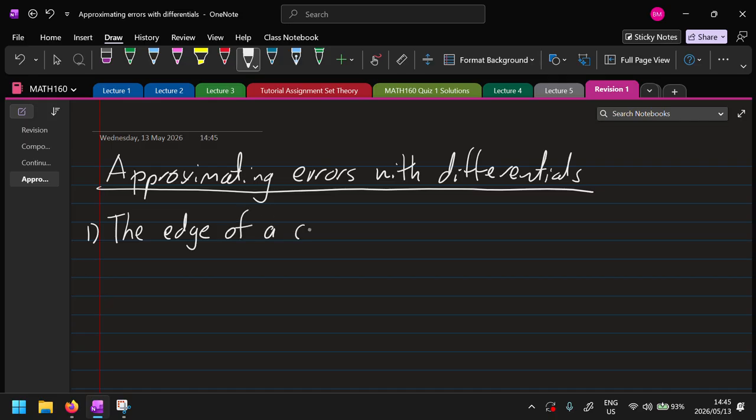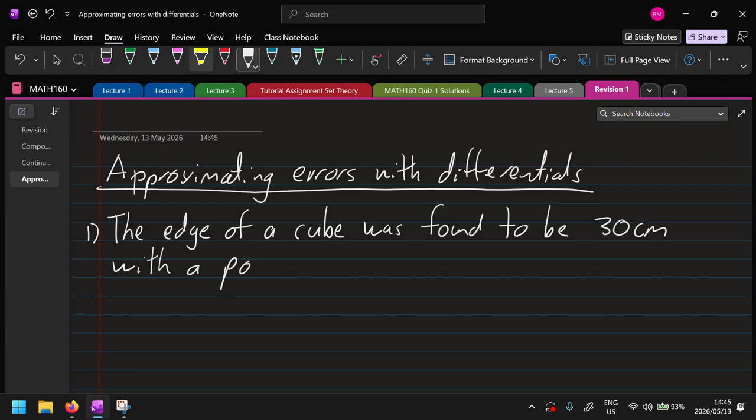The edge of a cube was found to be 30 centimeters. With a possible error of 0.1 centimeters.